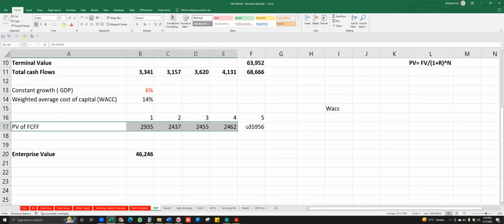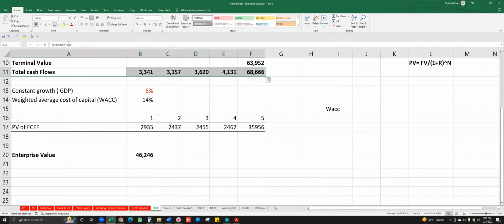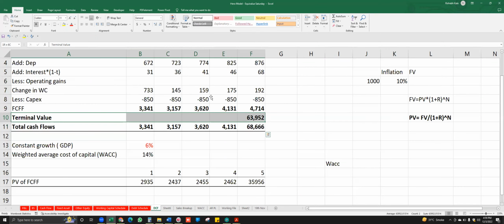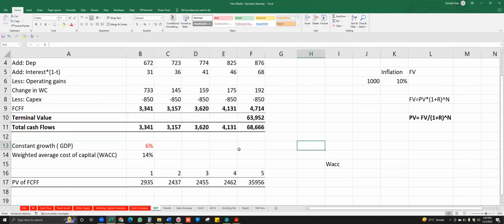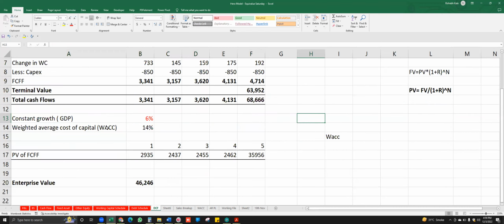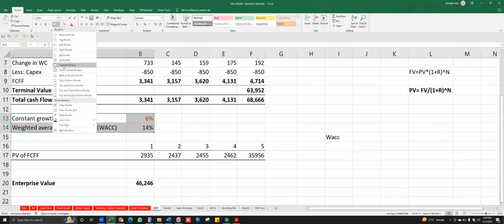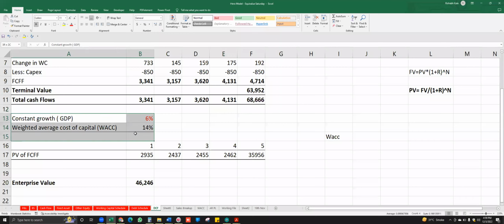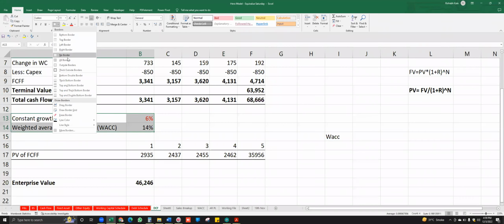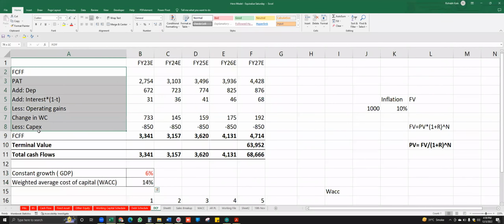This you get your enterprise value. This is your terminal value. This is your enterprise value, and this is your growth, your capex. And just format this so that it looks good.